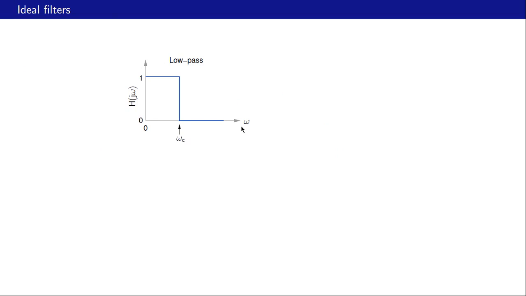This axis is the angular frequency in radians per second. If omega is less than this cutoff frequency, omega c, then the transfer function is 1. That means the low pass filter passes all frequencies up to this frequency. If omega is greater than omega c, then the transfer function is 0. That means the low pass filter rejects or blocks frequencies higher than omega c.